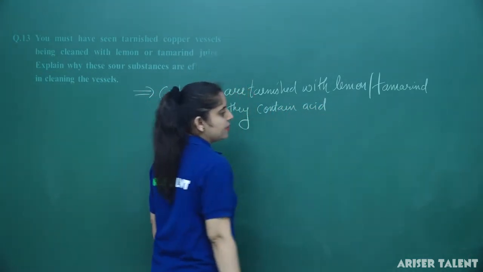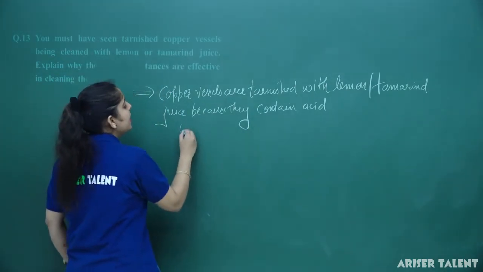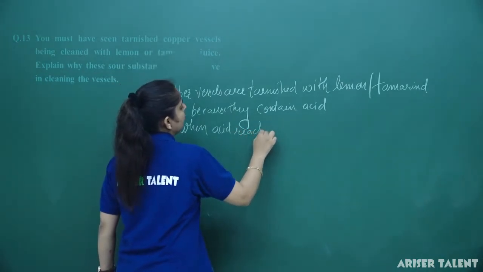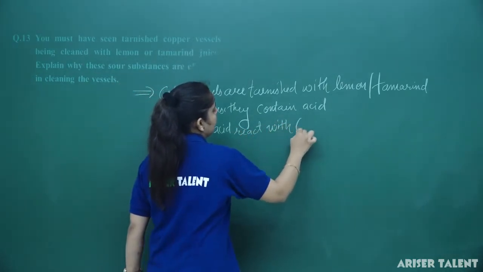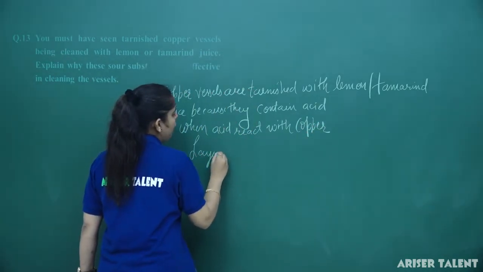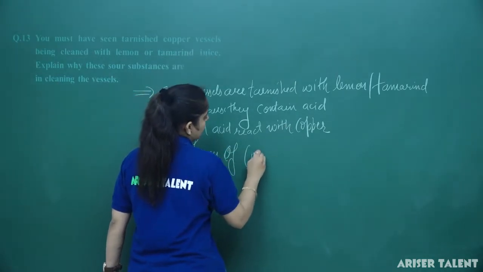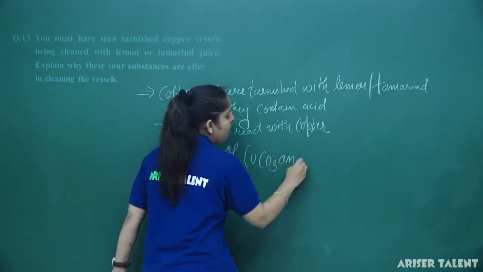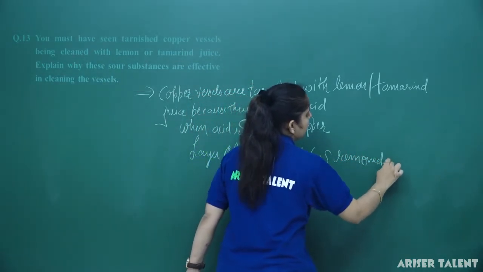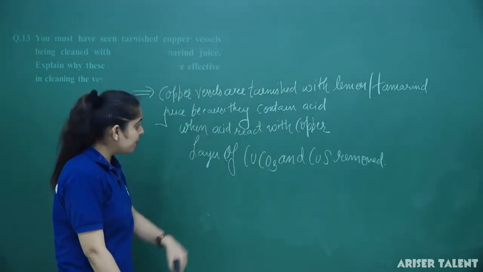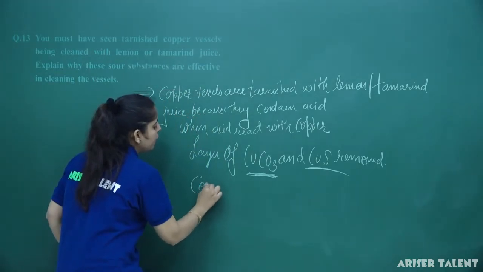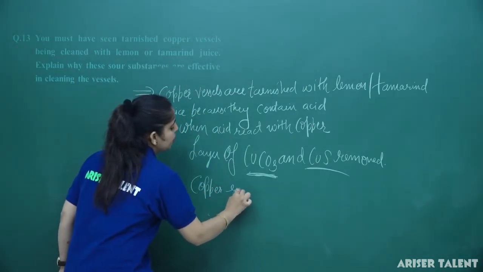They contain citric acid, and when the acid reacts with copper, the layer of copper carbonate or layer of copper sulfide is removed. Whenever the acid reacts, the layers of both these substances are removed and the copper recovers its shiny appearance.